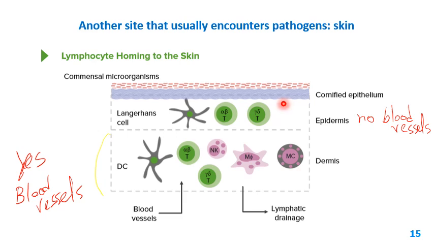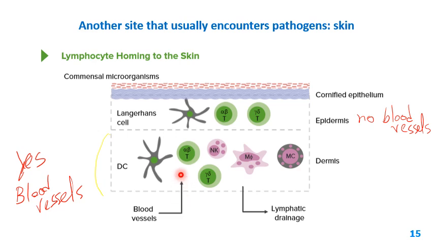All right, so these cells are sitting around close to the skin, the epidermis part. But when you go deeper, you're going to see that you have more types of cells hanging around there. And these cells over here are able to come from the blood vessels on this side, the dermis side.